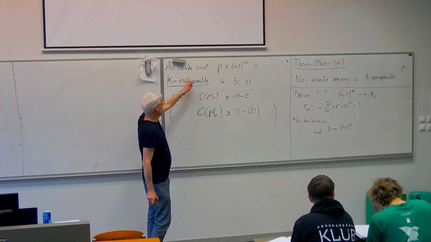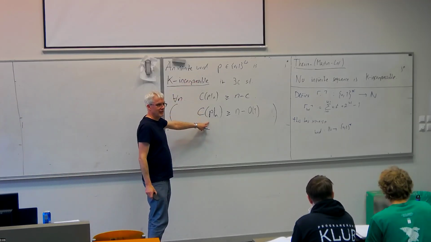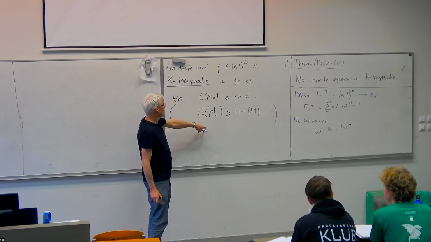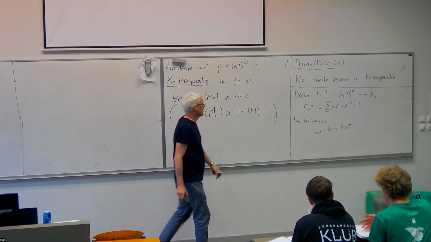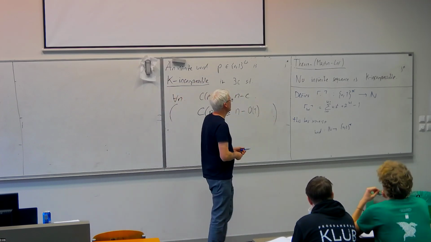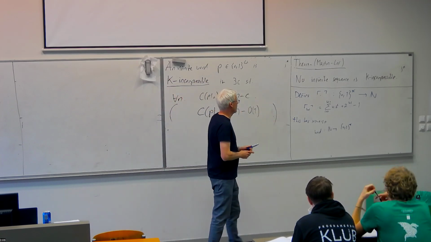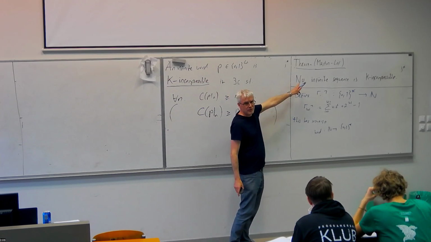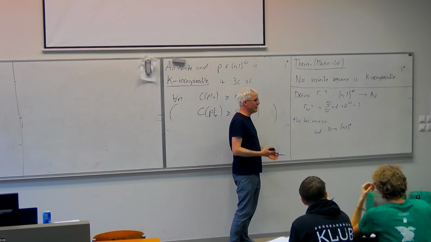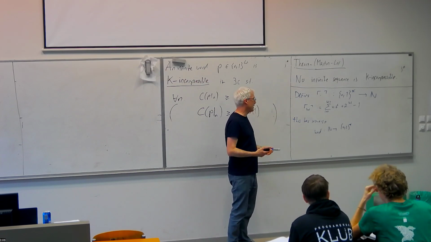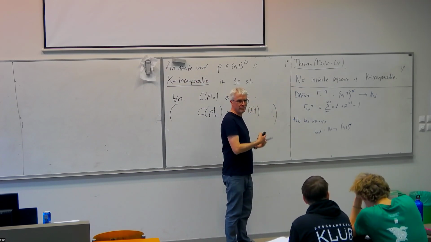So now I'm going to explain how we fail to get the incompressibility. So now we're going to go to the proof, and I want to show for an arbitrary infinite sequence P how we can compress it by any number of bits.